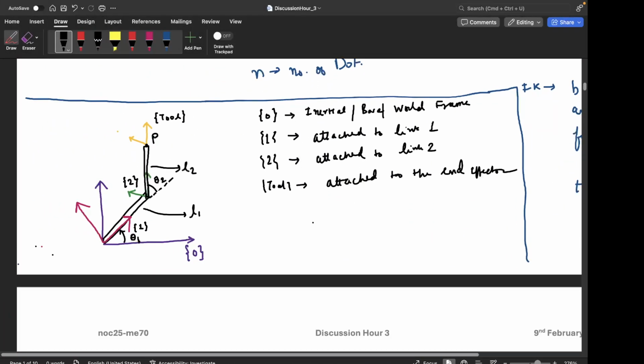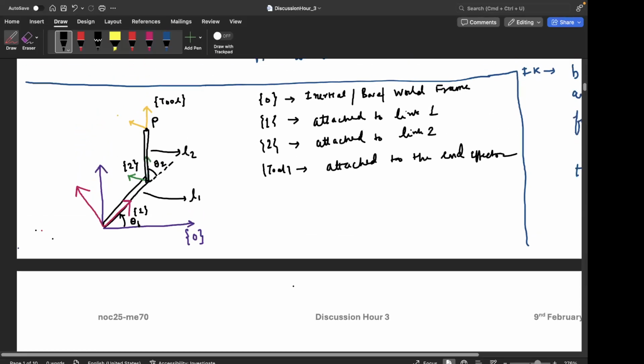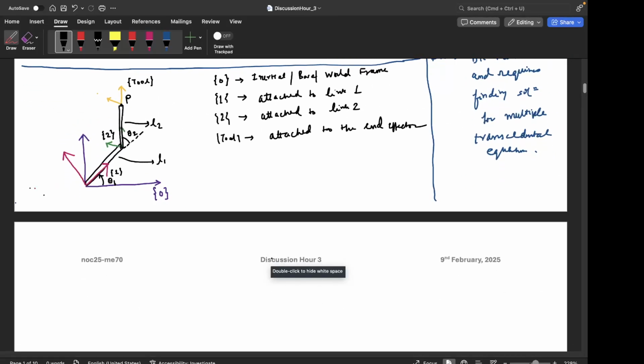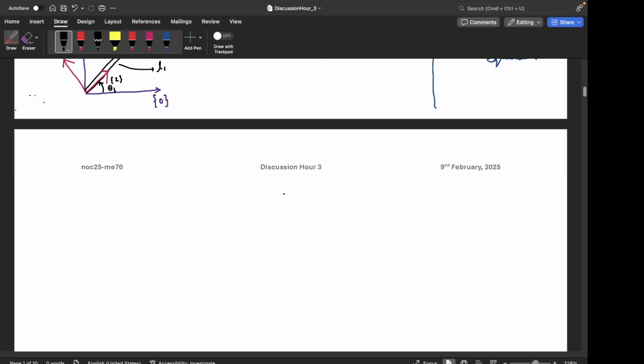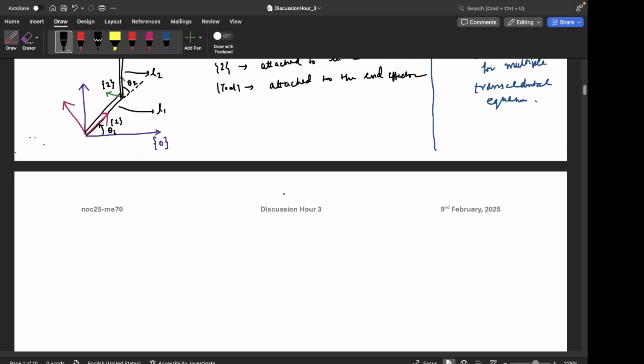So once we have these frame conventions in our mind, the first step is to write the DH parameters, which is very straightforward in this case, and to write the transformation matrices, right? So I will directly write the transformation matrices.